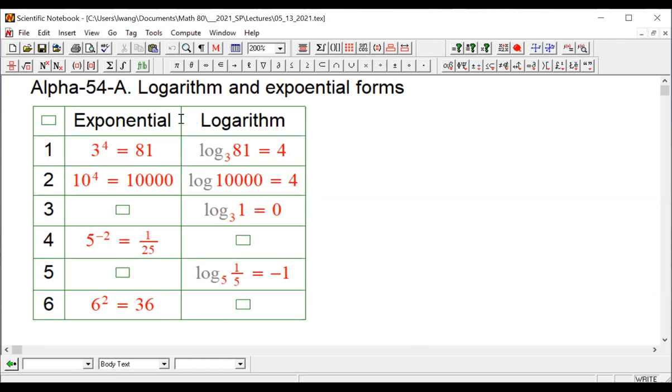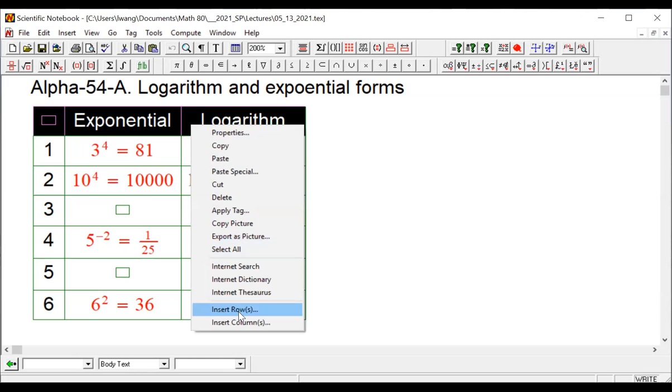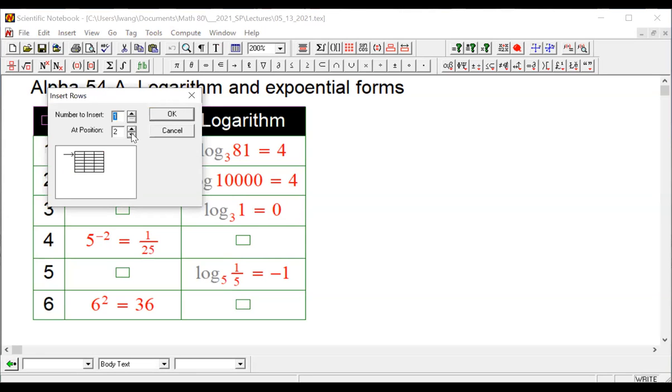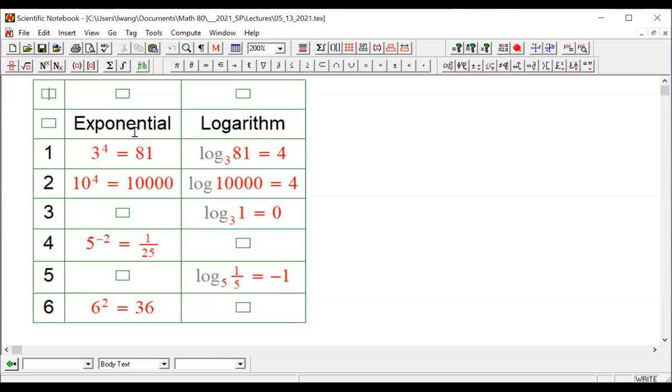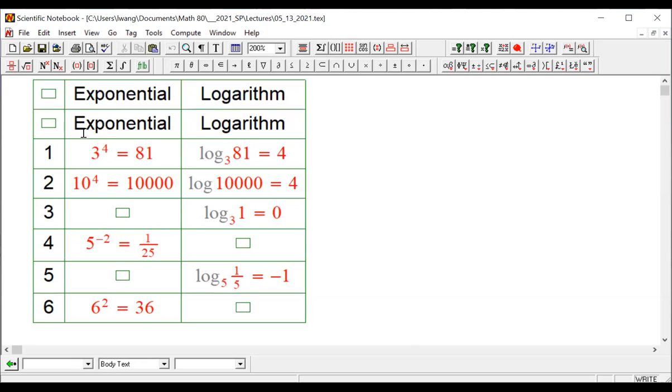So how do we write these forms? Next, I'm going to give you a general form of the exponential and logarithm, which we have done, right? The exponential form would be base b raised to the power of triangle equals omega.